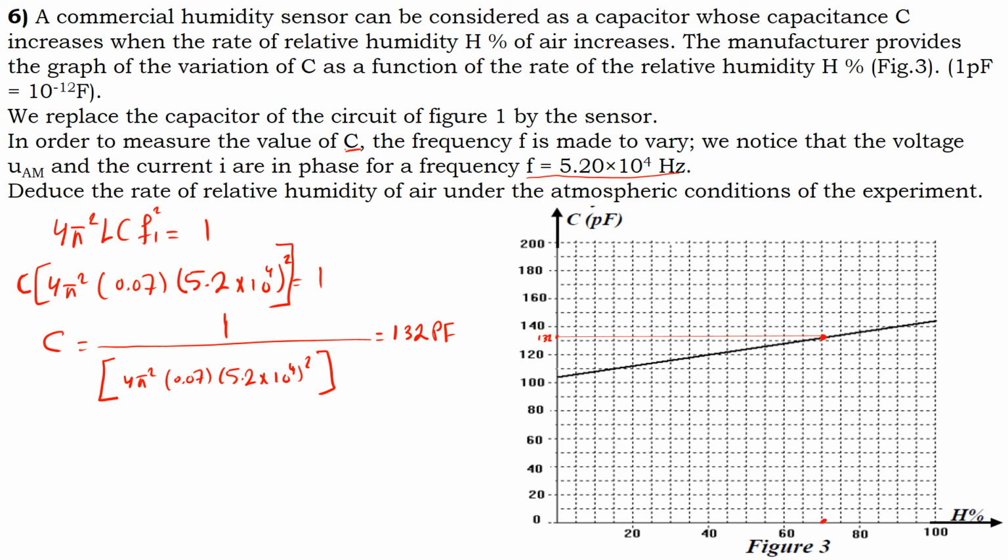So it is at 70%. So from the value of C, that is 132 picofarads, we can get that the humidity percentage is 70%. By the way, 132 picofarad is the same as 132 times 10 to the power of negative 12 farads. This is the solution.